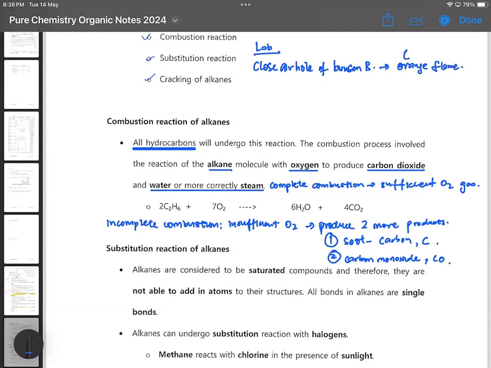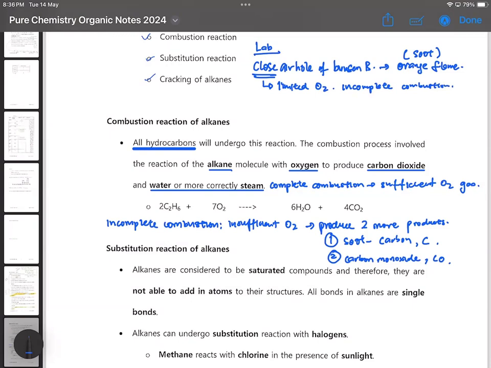This orange flame is caused by your soot. Why do you have soot? Because when you close the air hole, there is a limited amount of oxygen, and hence you get incomplete combustion. That's why you see an orange flame.